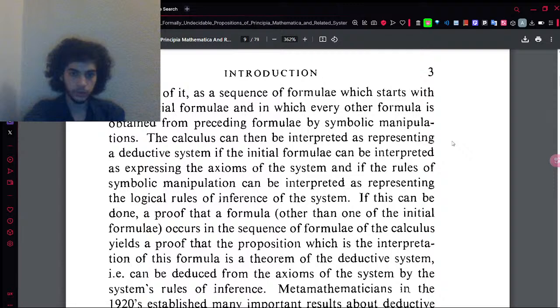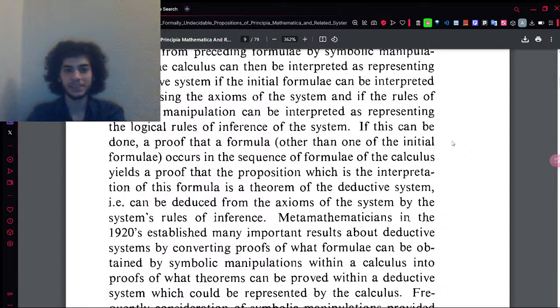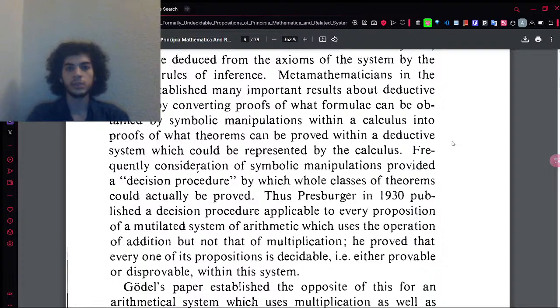If this can be done, it proves that a formula other than one of the initial formulae occurring in the sequence of formulae of the calculus yields the proof that the proposition, which is the interpretation of this formula, is a theorem of the deductive system, i.e. can be deduced from the axioms of the system by the system's rules of inference.